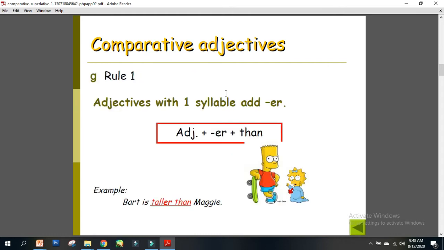Let me go on to the first rule. The first one: adjective with one syllable, add er. What is a syllable? Syllable itu suku kata.